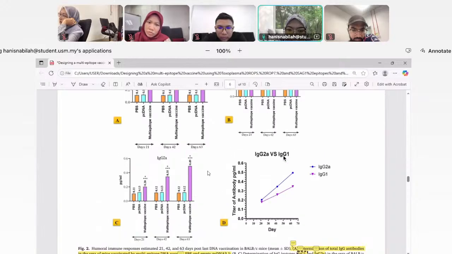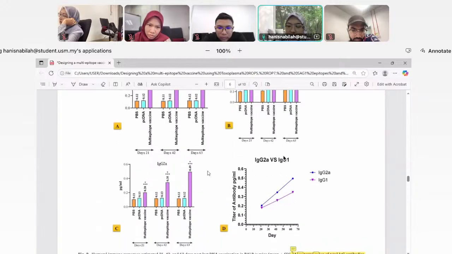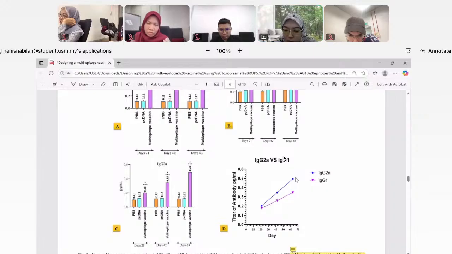However, if we compare the ratio, IgG2a showed more increase compared to IgG1.